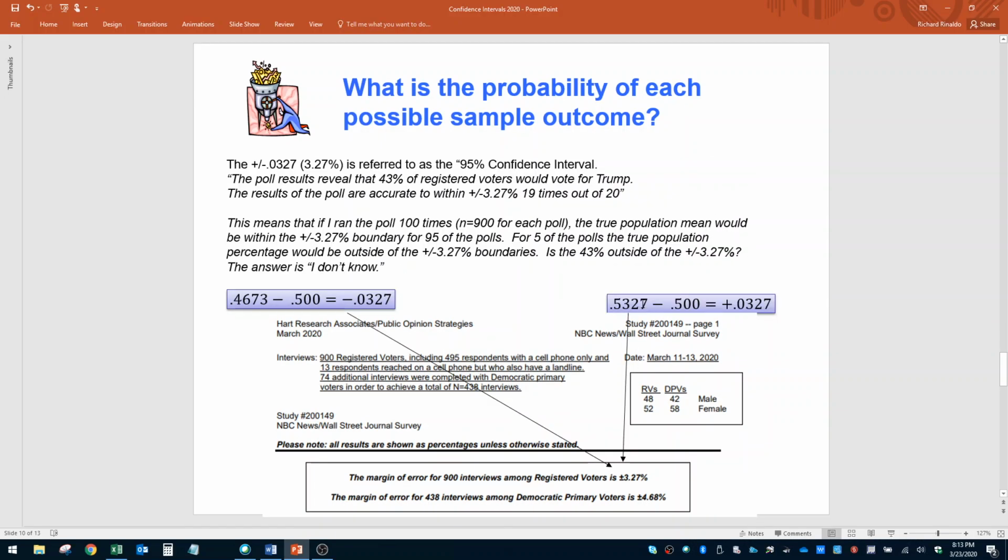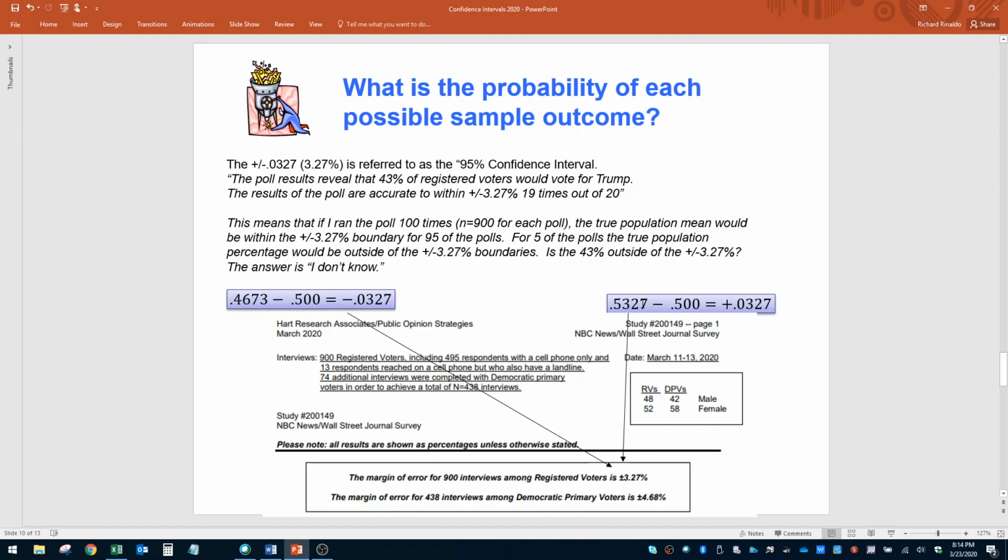Okay, so the plus or minus 0.0327, or 3.27%, is referred to as the 95% confidence interval. The poll results reveal that 43% of registered voters would vote for Trump. The results of the poll are accurate to within plus or minus 3.27%, 19 times out of 20.